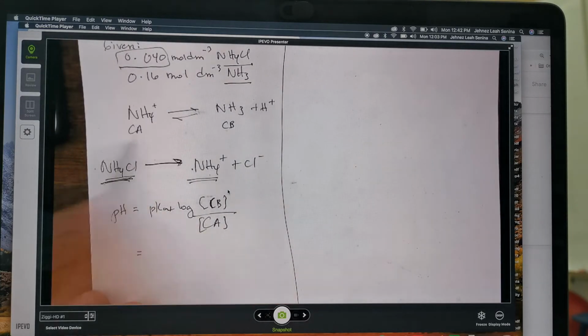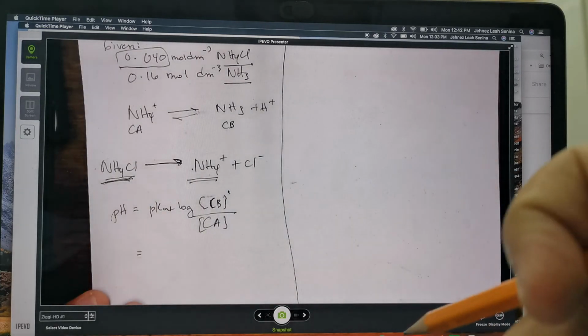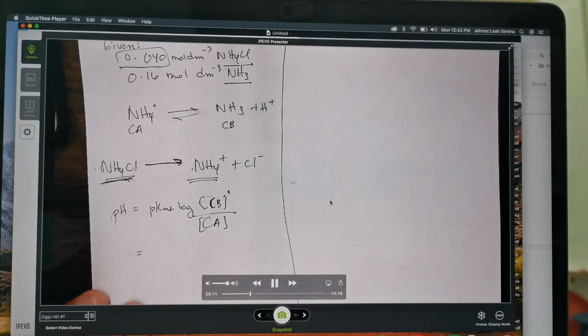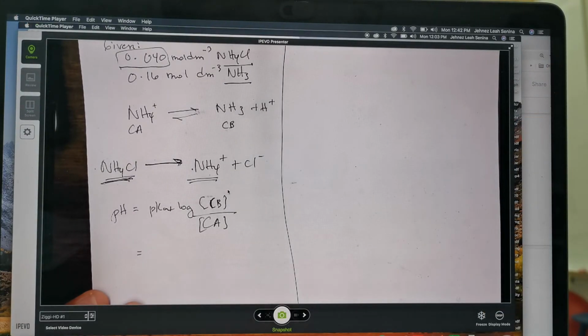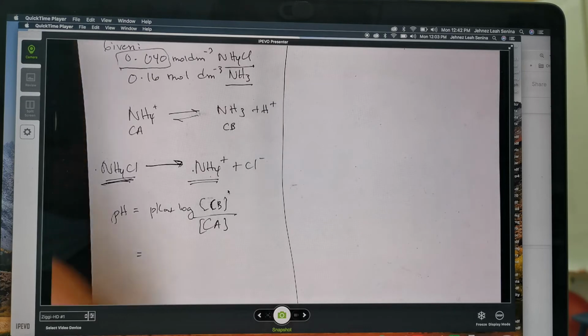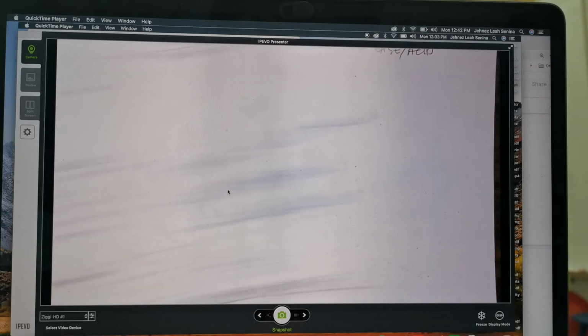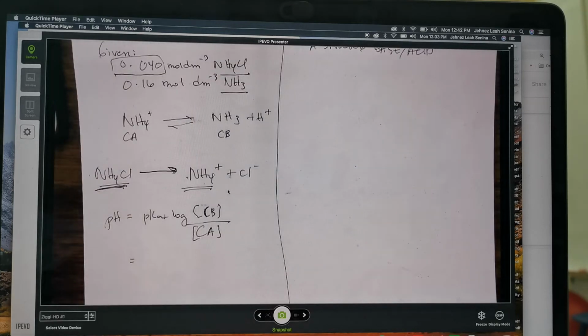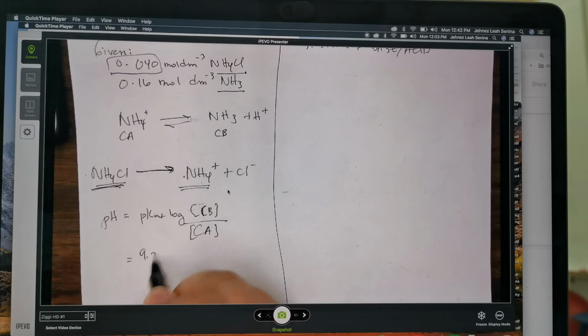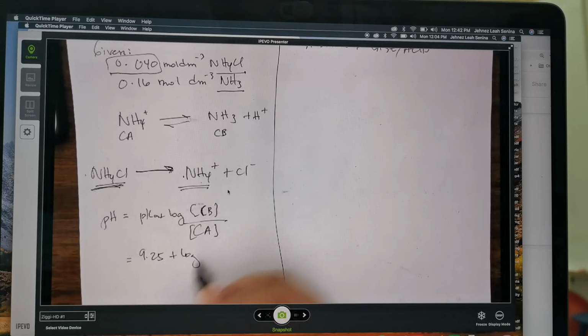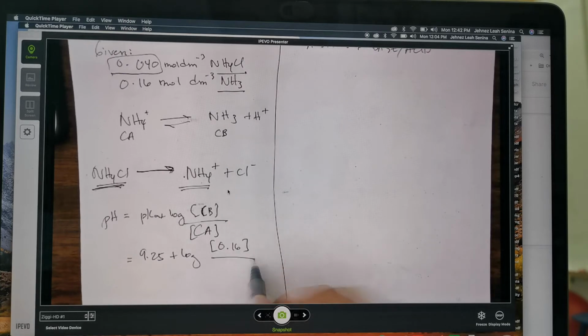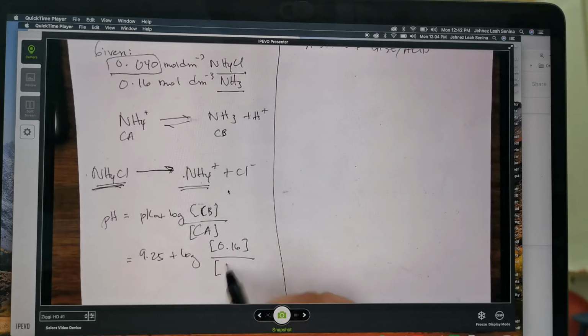So what is the pKa of ammonium, or ammonia? If you look at page 741 in table 1, okay? Ammonia conjugate acid is NH4 plus. I'm looking at this part of the book. This one. And ammonia, so pKa is 9.25. So 9.25 plus log of, what is the concentration of your base? 0.16 divided by 0.040.